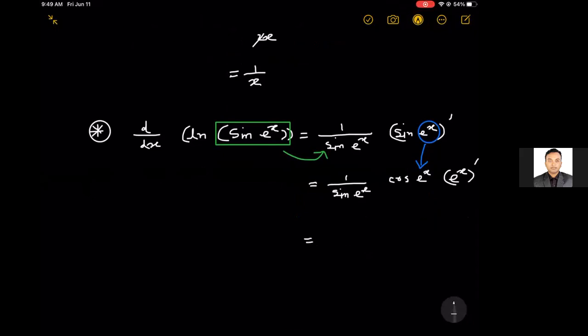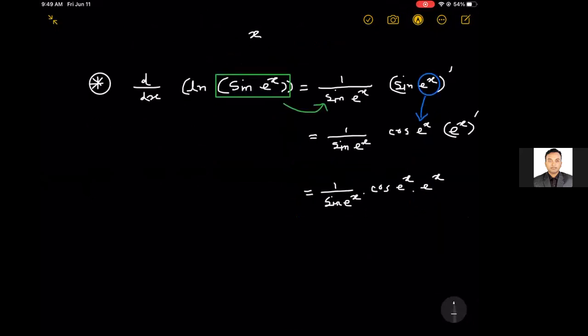So you can rewrite it as 1 over sine e to the x times cosine e to the x times e to the x. You can always simplify it because we know cosine function over sine function is cotangent, right?